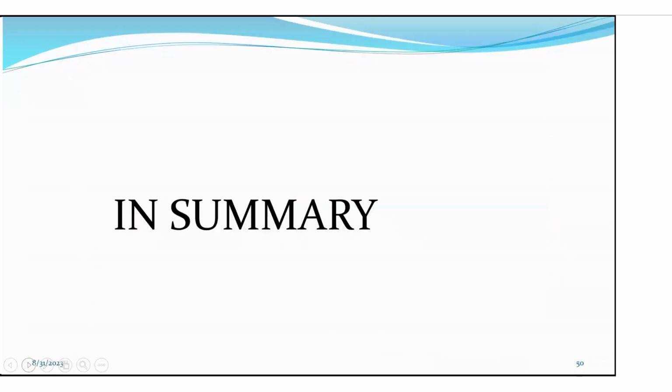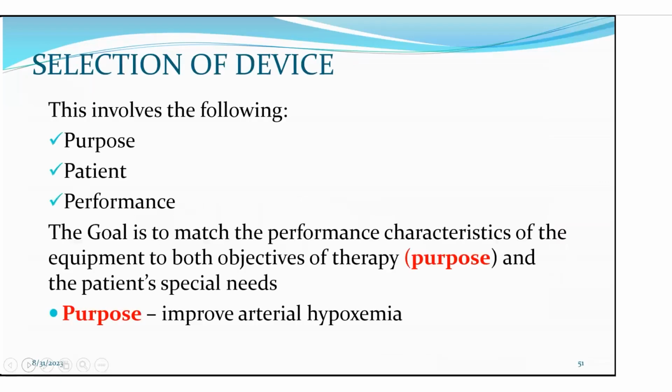So I want to summarize in one thing. When you want to select a device, the following should be involved: the purpose, the patient, and the performance. The goal is to match the performance characteristics of the equipment to both the objectives of therapy, which I mean the purpose, and the patient's special needs.